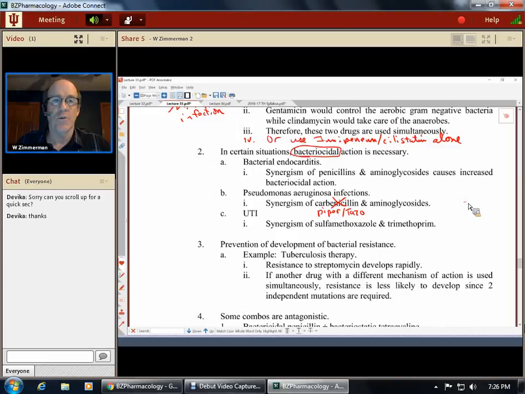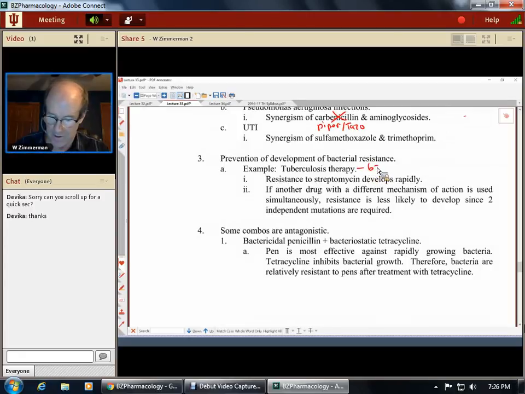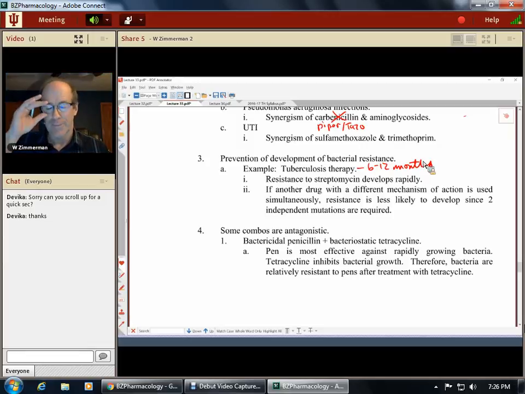Quite often, though, we also use these combos to prevent bacterial resistance, and we'll talk about this more next week. But tuberculosis therapy, which is 6 to 12 months, and resistance becomes a big problem with that. And a lot of the pharmacology books mention streptomycin in treating tuberculosis. Being a pharmacist, I always frown on that because nobody does that.